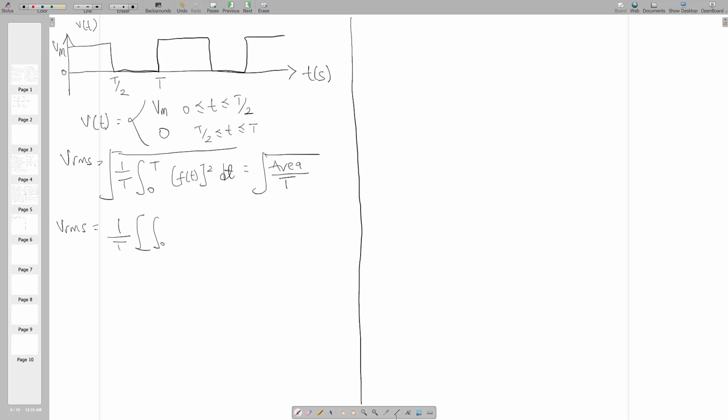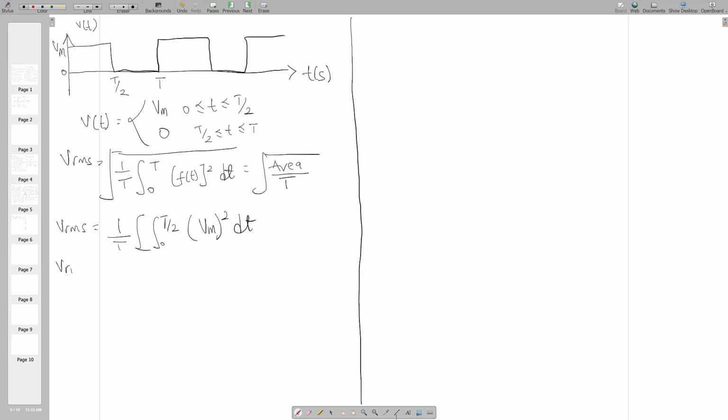So we'll integrate from 0 to T on 2 in this case, because T on 2 to T is 0. So what is left for us is to integrate from 0 to T on 2 to get the area for this square wave. So the function is Vm squared dt.